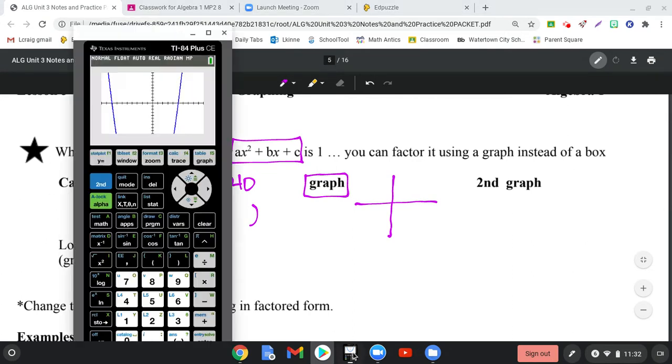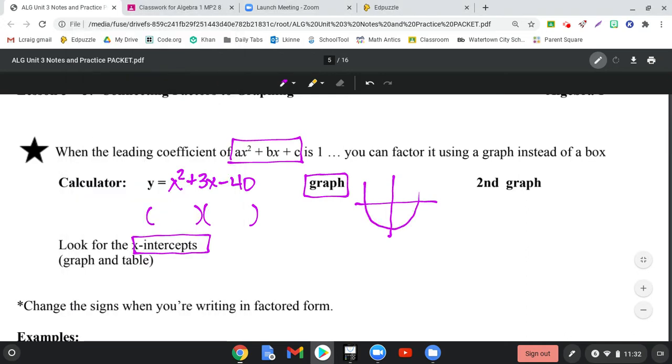So let's go back to it. Looks like it's here and here. It's kind of hard to count. It looks like on here 1, 2, 3, 4, 5. It's basically going to be this shape. Now, if you can't tell what they are, go to the table. Hit second graph, and what you'd be looking for in the table is where the y value is 0.